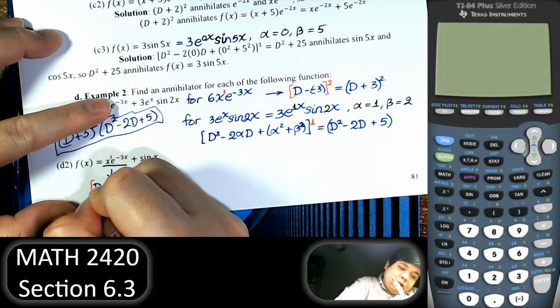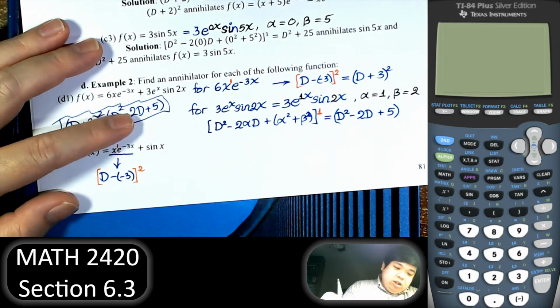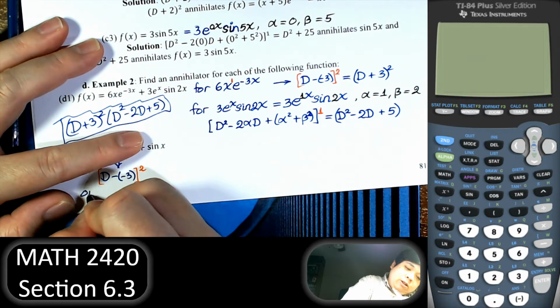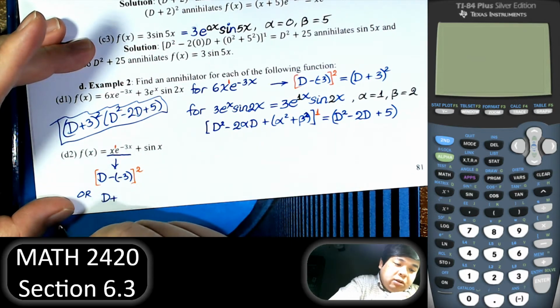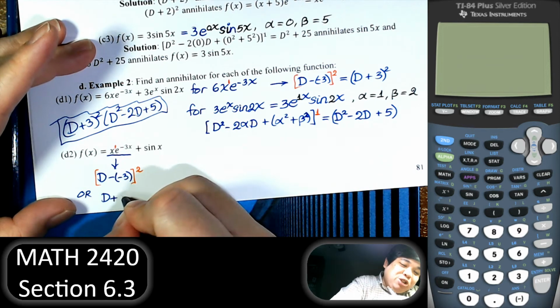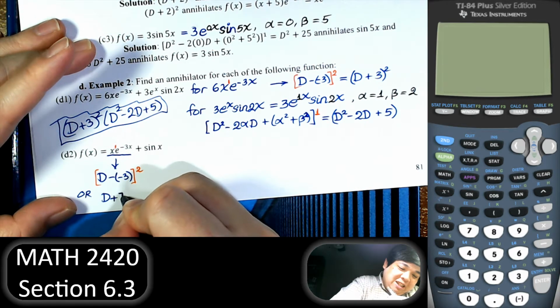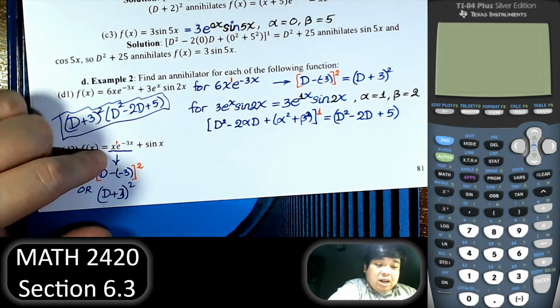So we're required to have the power that is 1 more than it, which is d plus 3. Sorry, I think I just copy and pasted it. So that's still d plus 3 squared. Yes, d plus 3 squared will annihilate that.